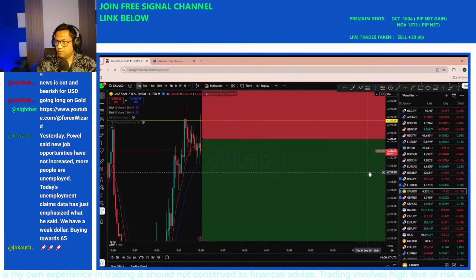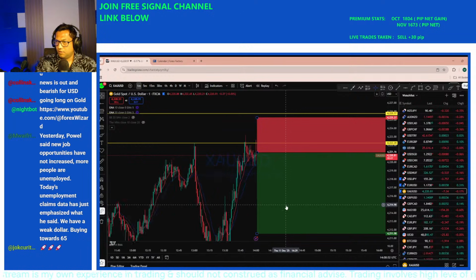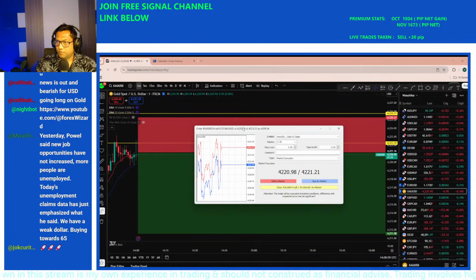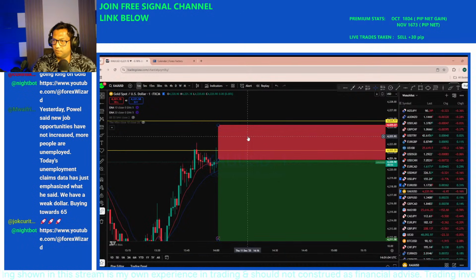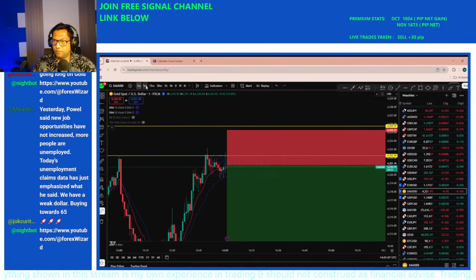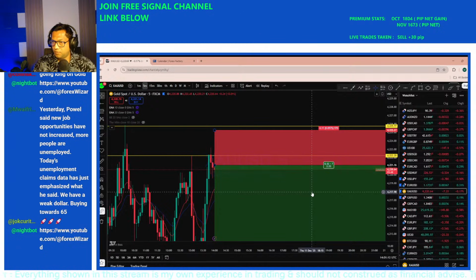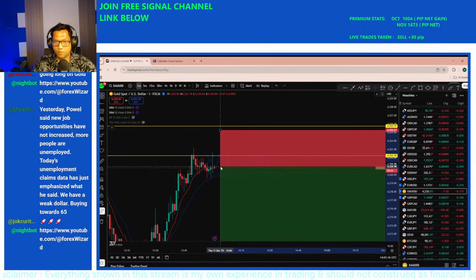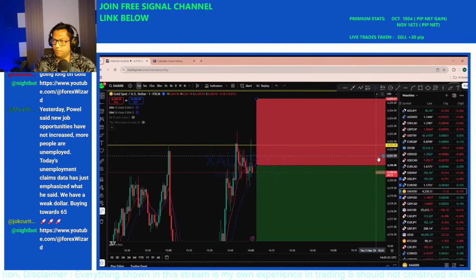Big pin bar, and let's see if the market is ready to do anything with this trade, to see what's happening.